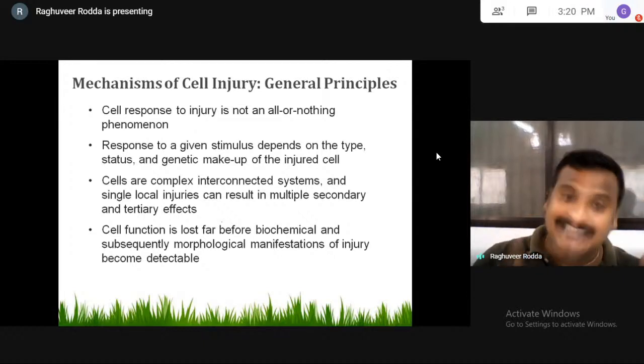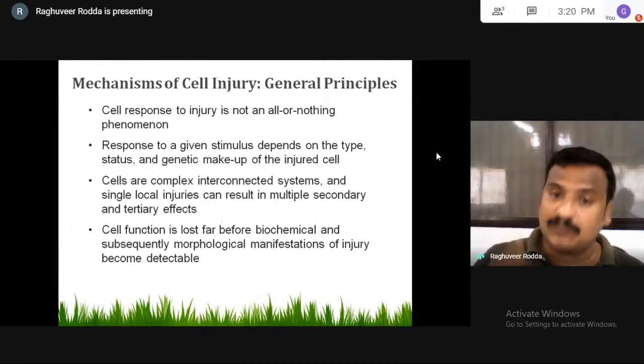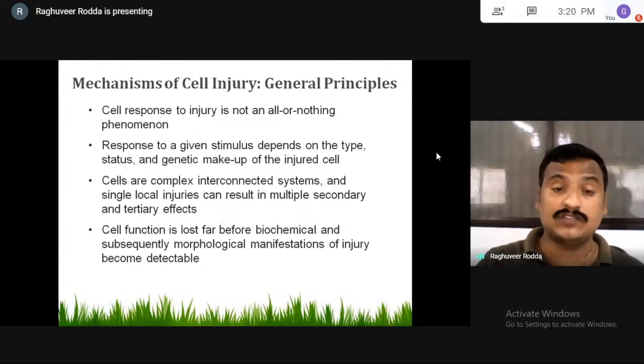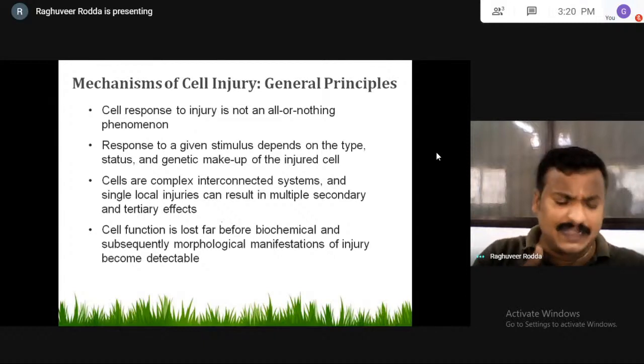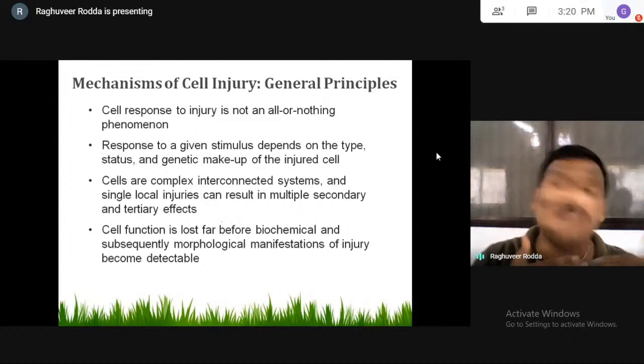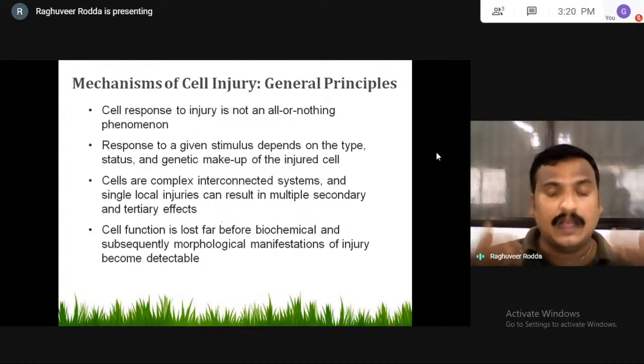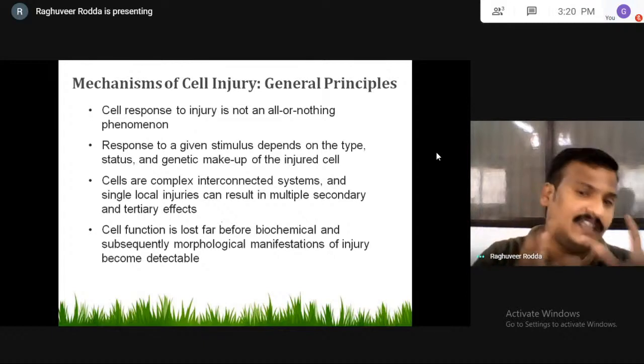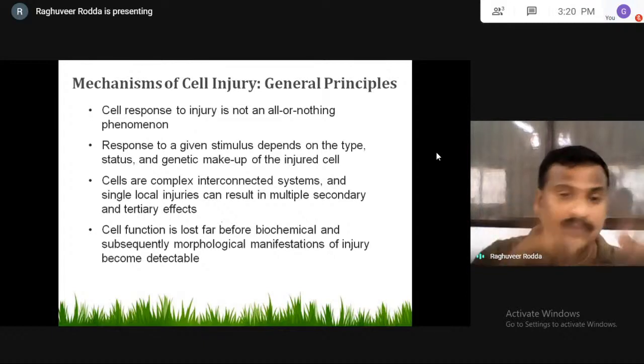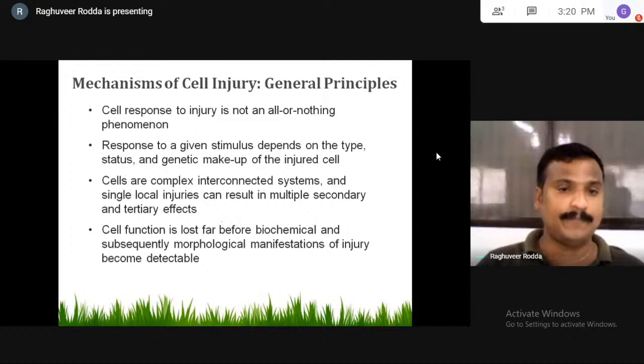There may be tight junctions, gap junctions, and adherent junctions to coordinate one cell with another, because the function of a particular organ is done by all the cells present in the tissue which forms that organ.